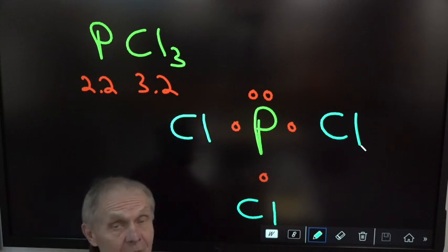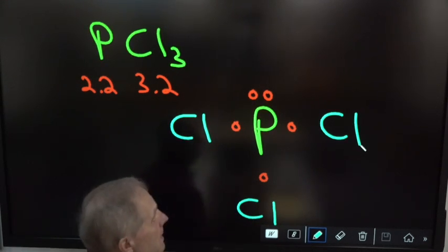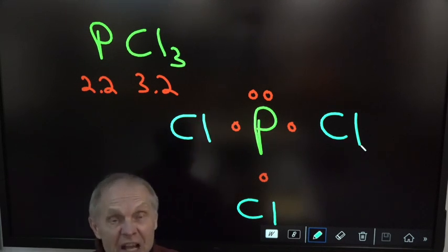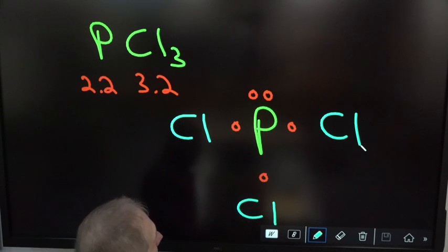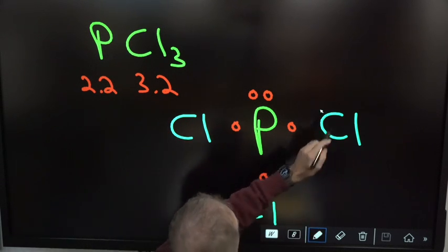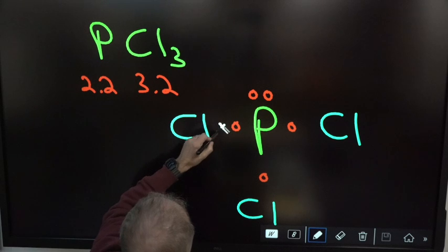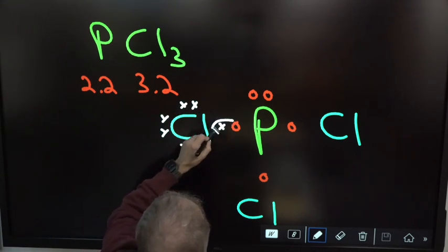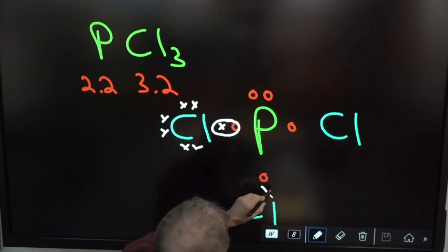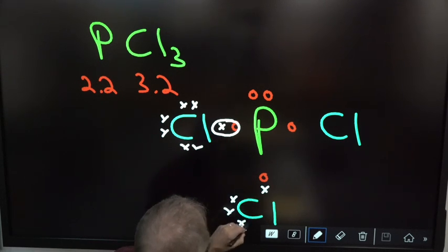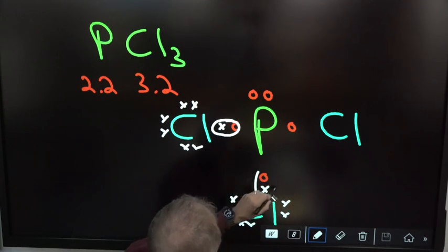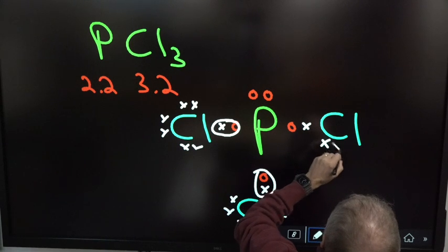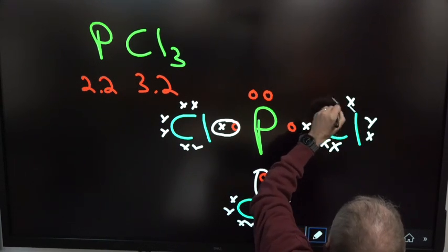Now, this is a mistake tons of students make. Cl is in group 17. It's got 7 valence electrons around it. So I am going to make them X's. So we got 1, 2, 3, 4, 5, 6, 7, and there's my shared pair. 1, 2, 3, 4, 5, 6, 7. There's my shared pair. 1, 2, 3, 4, 5, 6, 7.